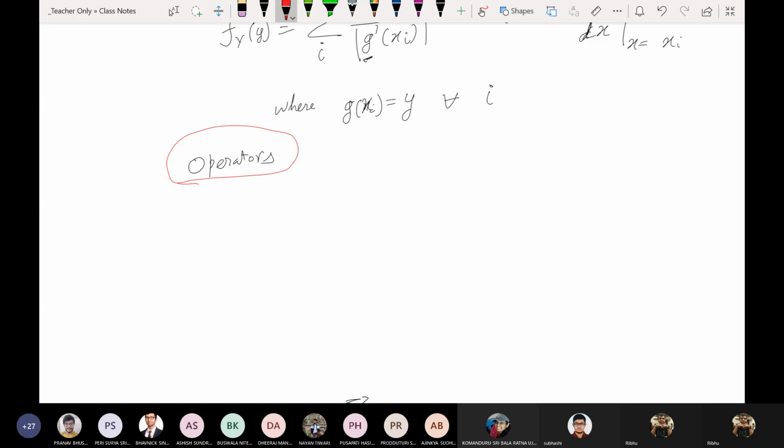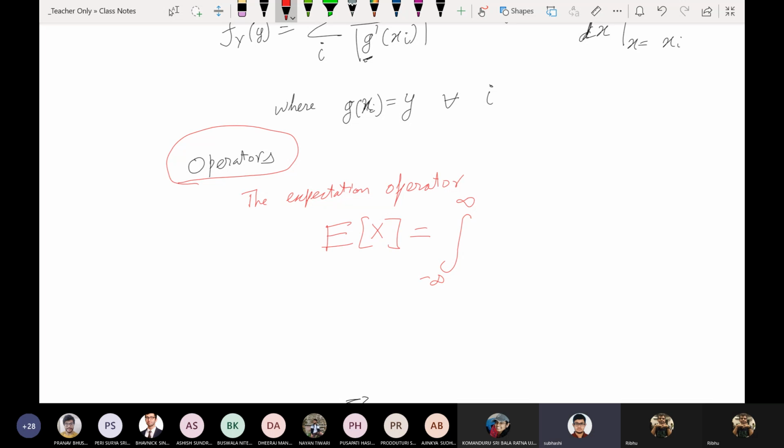So the first operator or operation is the expectation operator. Unless specified, I write the expectation operator like this. Sir, are you writing on the screen right now?